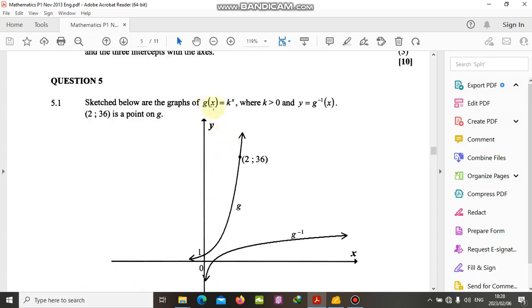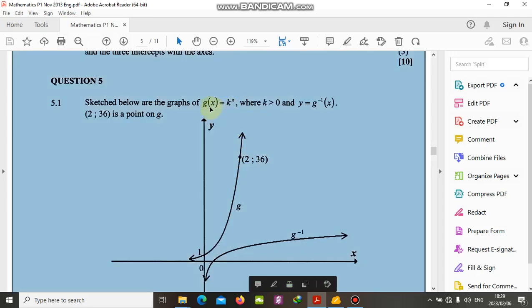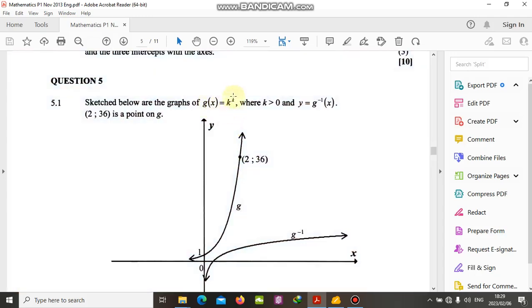So you have g of x equals k to the power of x. Now they want us to find the value of this k, the number that this k represents. And to solve for k in this equation, remember, guys, g of x is just a representation of the y value.